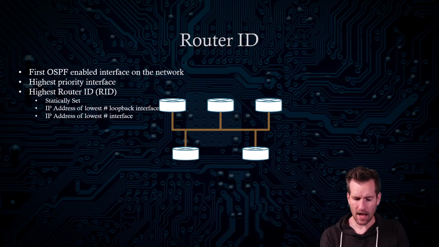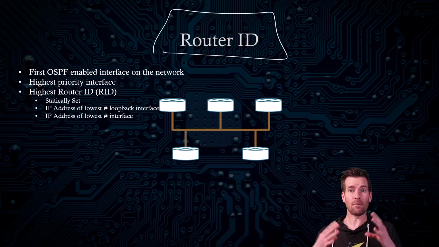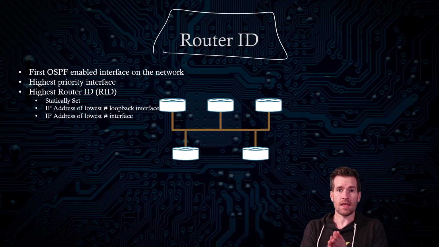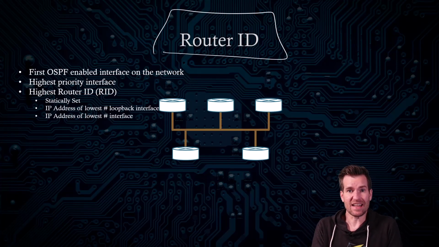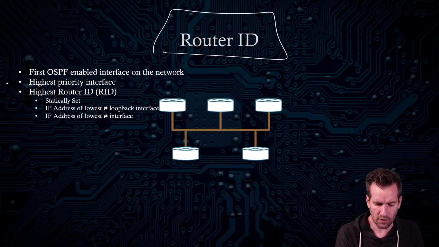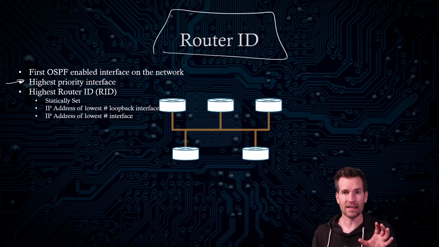Now let's talk about the router ID. The router ID is used for a couple purposes. Well, one we've already talked about. If a DR needs to be selected, it will look at who has the highest priority on that interface.